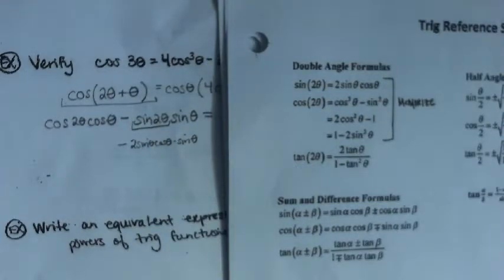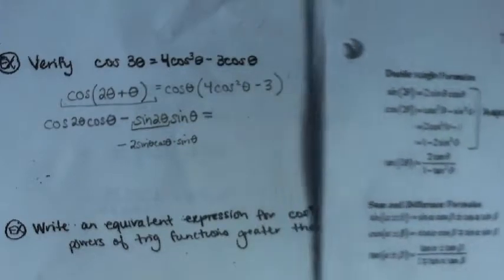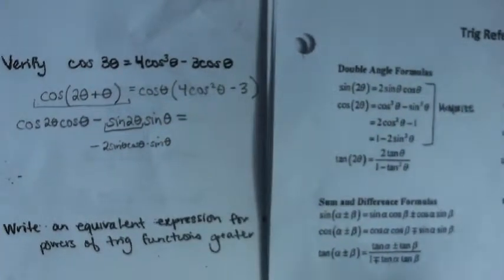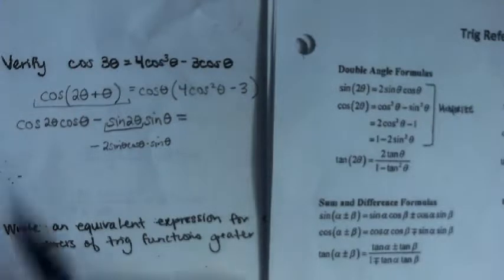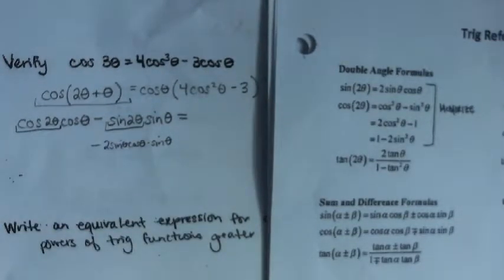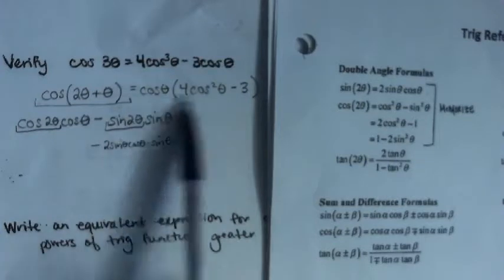Any thoughts as to which one you might want to try to use and why for cosine of 2 theta? Jalen? Okay, so that's always a good measure of trying to get some direction, is look at where you're trying to go.